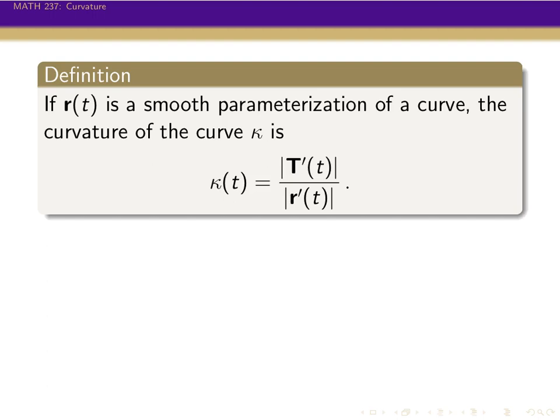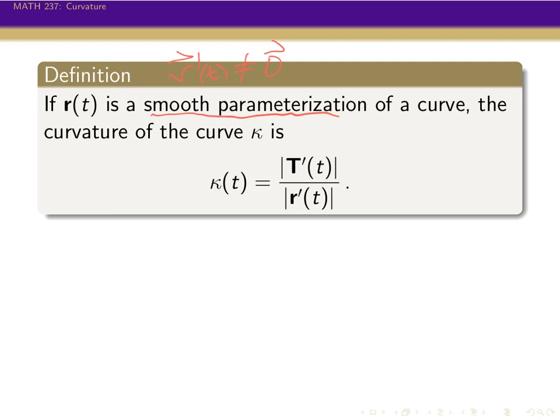We start off with r of t as a smooth parameterization of a curve. Remember, smooth parameterization is saying that its derivative is never the zero vector, essentially that it has positive speed at all times.